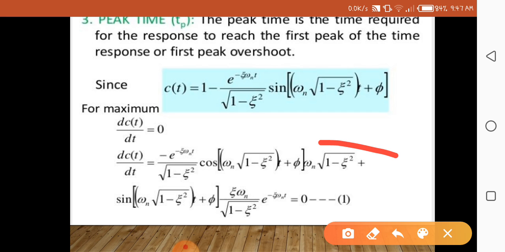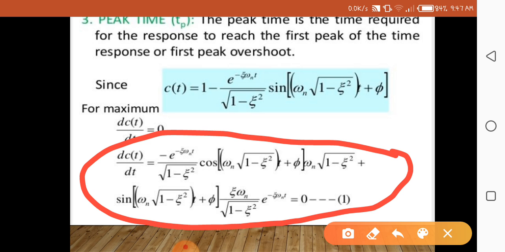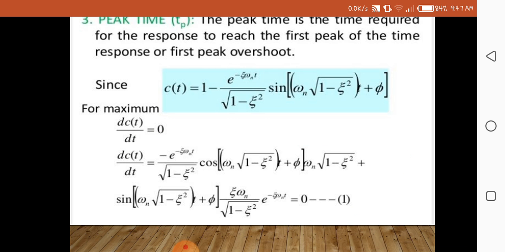Now this equation is considered as equation number 1.